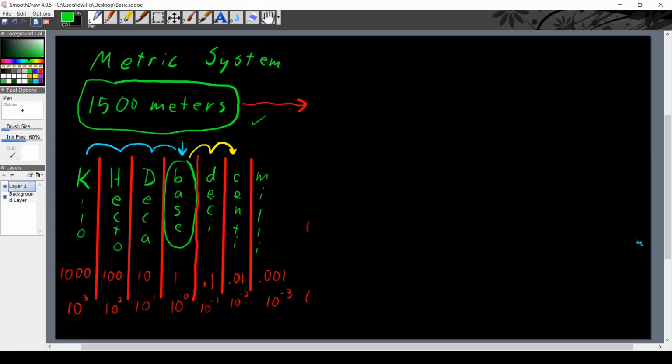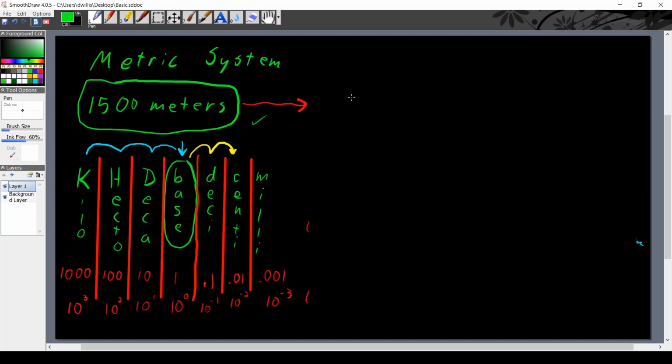But if you don't want to remember that, you can remember King Henry died by drinking chocolate milk. It's a little more morbid, but it's certainly a visual image that I think will stick in your mind and help you remember. So King Henry died by drinking chocolate milk. There you go, and that will help you remember that relationship between 1,000 and 1/1000th in terms of those.